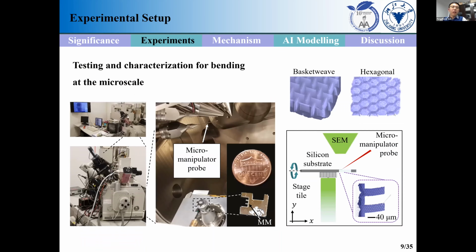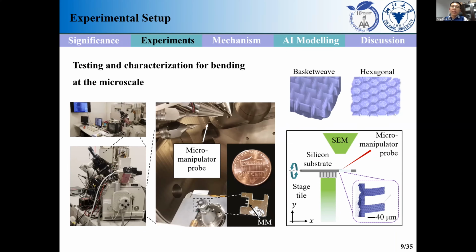And this part is the testing and the characterizing of the mechanical metamaterials for bending stiffness at the micro nanoscale. And so we particularly use a micro-manipulator probe to apply the axial displacement or axial strain, and use the SEM technique to record the large deformation in bending.